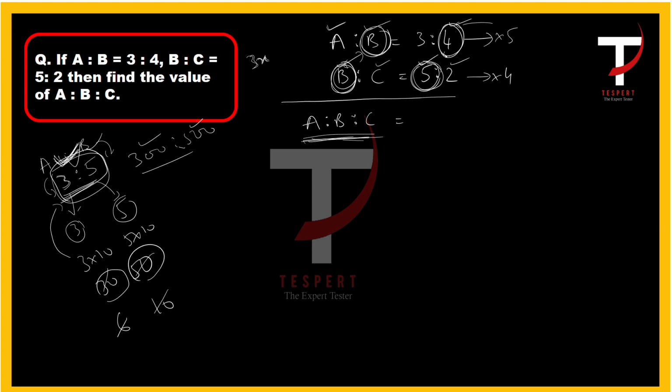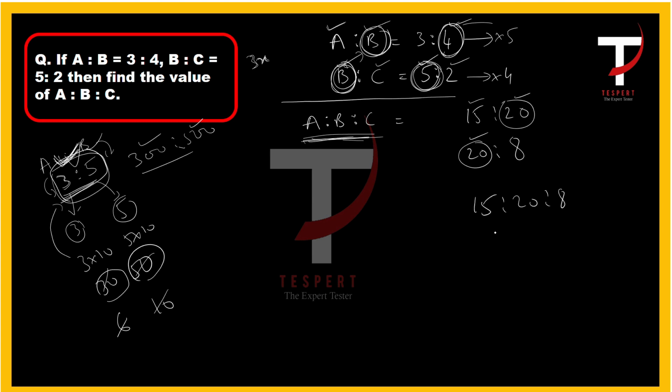So now what happens here is 5 3s are 15 is to 5 4s are 20, 5 4s are 20 is to 4 2s are 8. Now what happened? The value of B is the same now, right? So the ratio of A, B and C is 15 is to 20 is to 8.